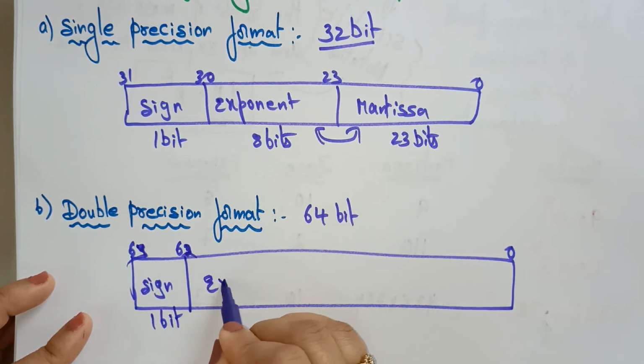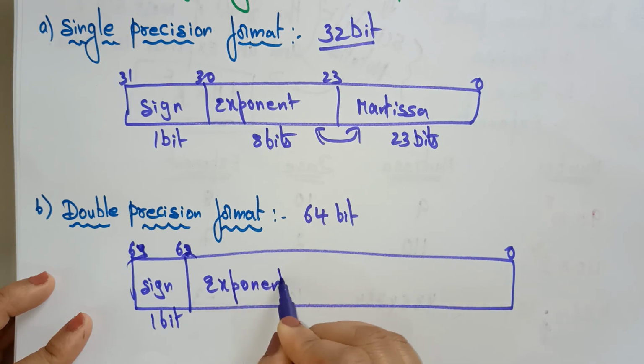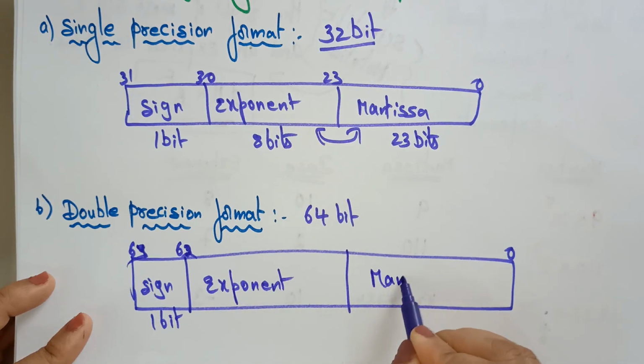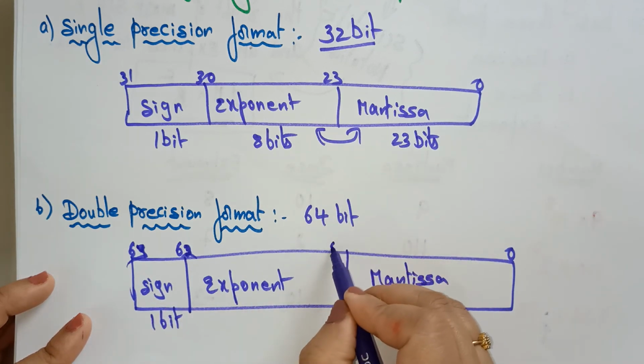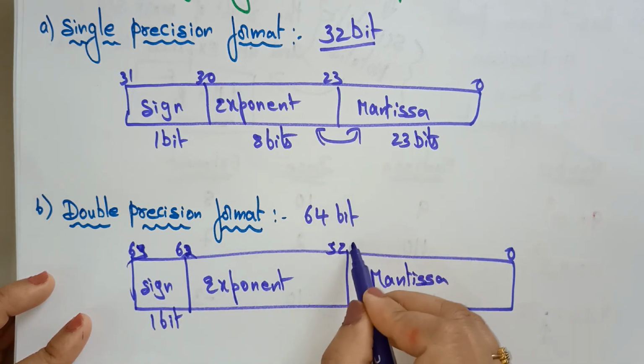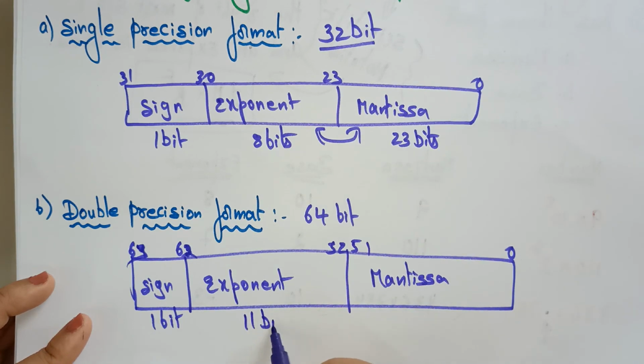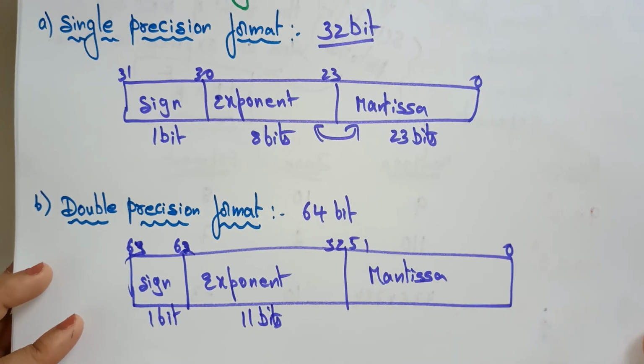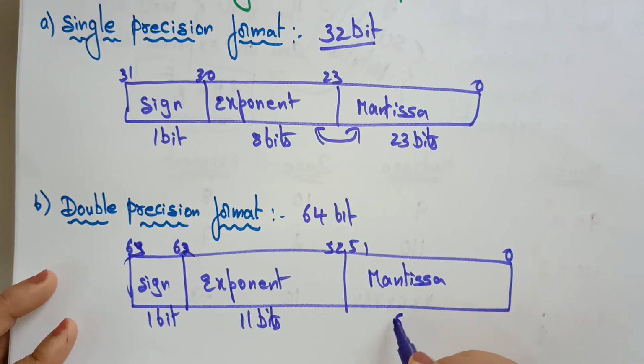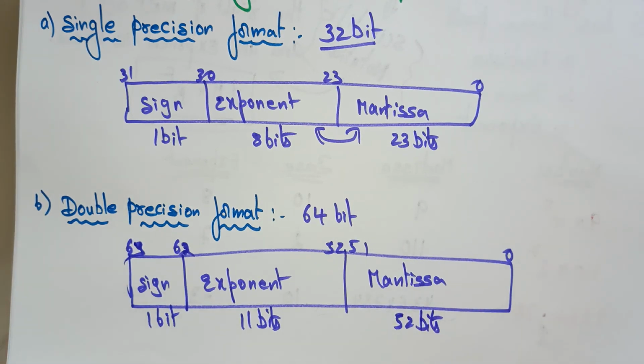Next is the exponent, bits 62 to 52, which is 11 bits. The 11 bits are used for the exponent, and the mantissa is 52 bits, bits 0 to 51. So this is the IEEE 754 floating point number representation.